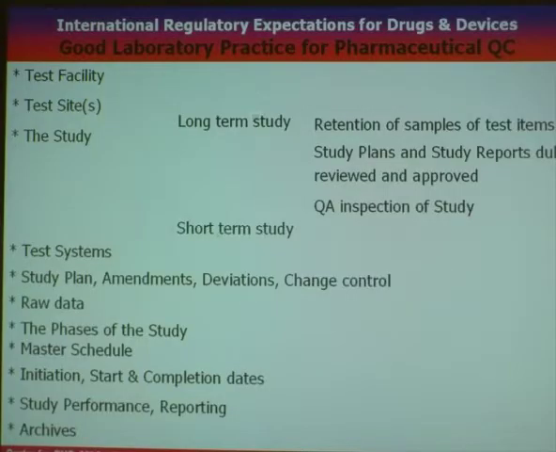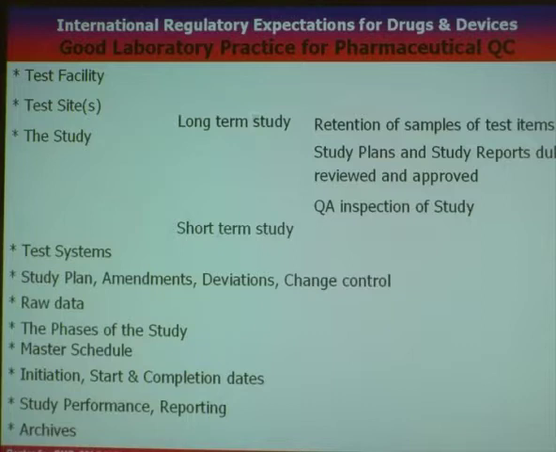Then you have what is called the test item, which is the substance whose safety and toxicity you are trying to assess. And the test systems. Test systems could be an animal model, a plant model, a marine model, whatever. That test system should be established. It should be fully characterized and it should be established as appropriate for this kind of study.